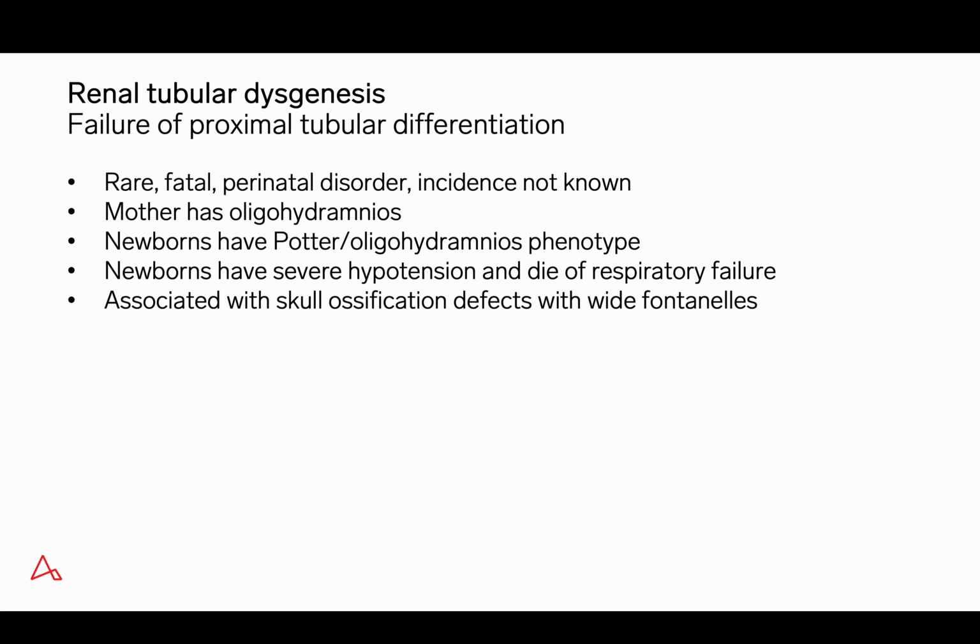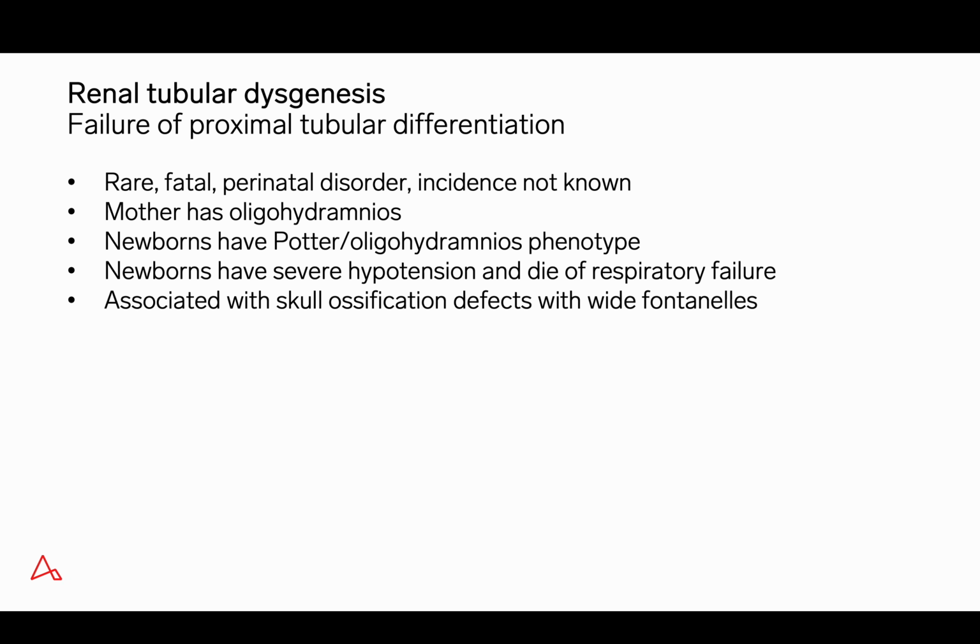Mothers present with oligohydramnios, and because of that, the newborns are born with a Potter or oligohydramnios phenotype, which I discussed previously in the discussion of bilateral agenesis or Potter syndrome.